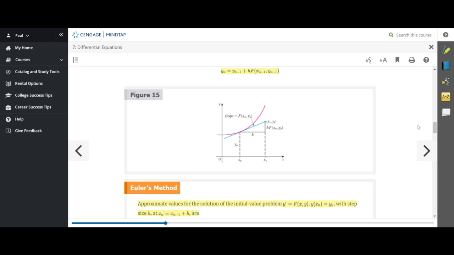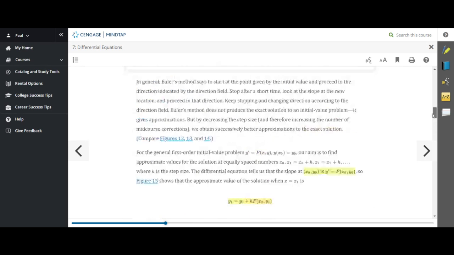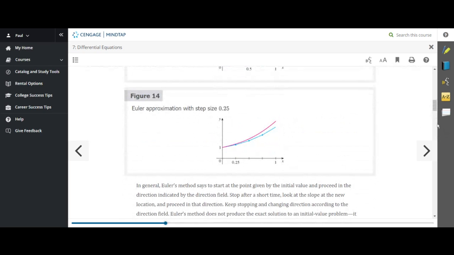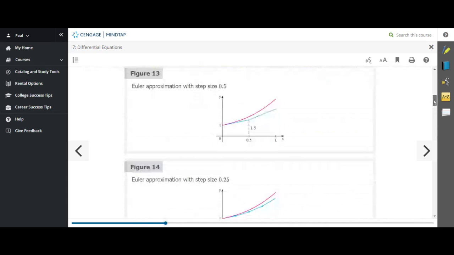So essentially, if you had Euler's method approximation for a solution curve, and you were to go out two step sizes of a half, the tip of the green line segment would be when x equals 1.